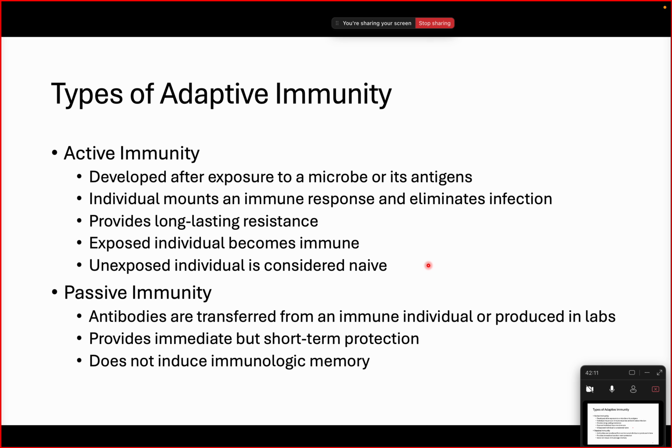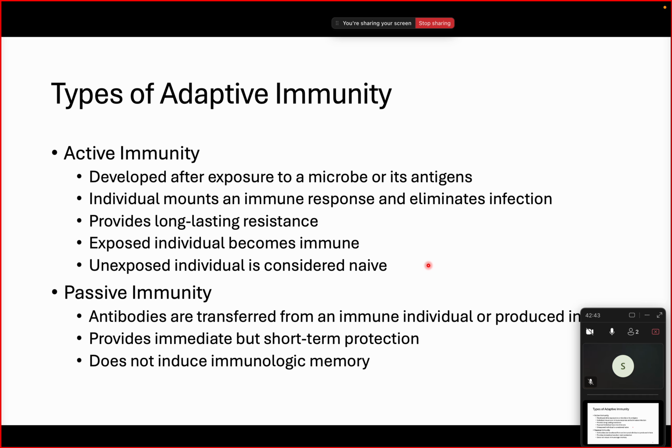Now, types of adaptive immunity, as I've mentioned, active and passive. Active immunity is developed after exposure to a microbe or its antigens. The individual mounts an immune response, eliminates the infection, and gains long lasting resistance. The exposed individual becomes immune. Unexposed individuals are still considered naive because they don't have the antibody.